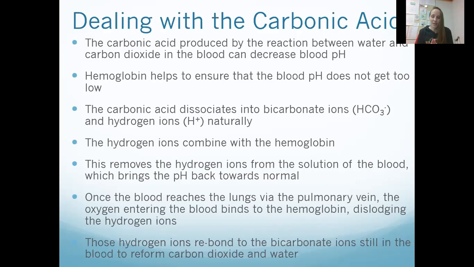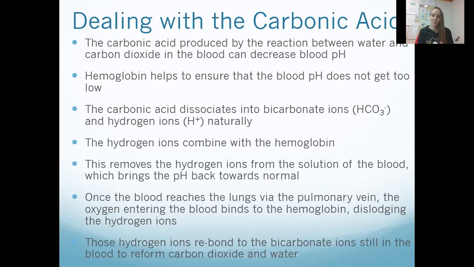And it's those hydrogen ions, those H+ ions that are floating around, that lower your blood pH. So this is where your hemoglobin comes in to help regulate your blood pH. The hemoglobin is going to bind to those hydrogen ions so that those hydrogen ions are taken out of solution, which then brings your blood pH back to normal.